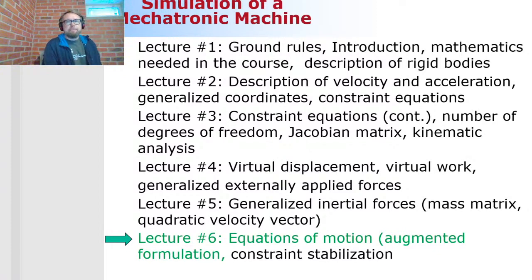Okay, you see from this schedule list that this will be the last lecture where I'm introducing new subject matter to you. What follows after today's lecture is lecture number 7, which will summarize and give you a slightly different point of view on the material we've discussed in the past.